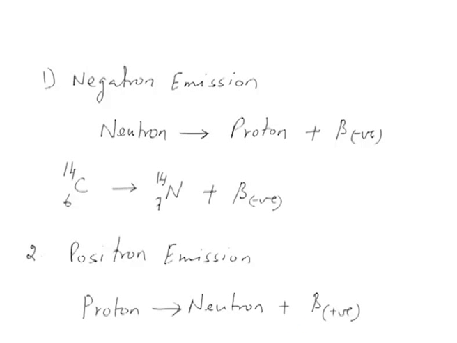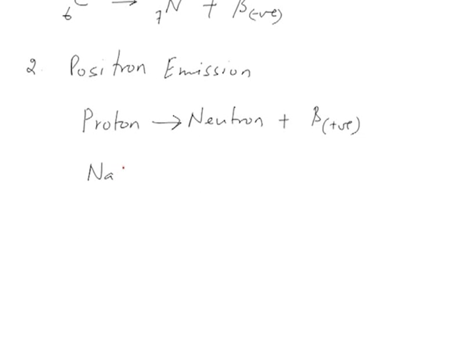For example, sodium being converted to neon. Here you can see the atomic number has decreased, and you have a positively charged particle. Now we'll discuss this in detail, what happens to this positron as such.